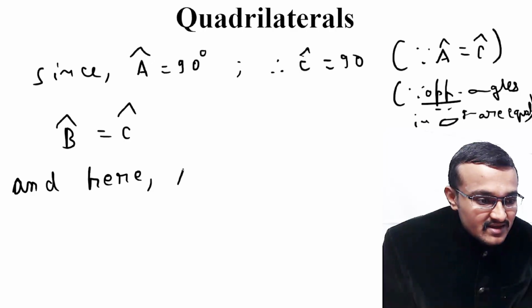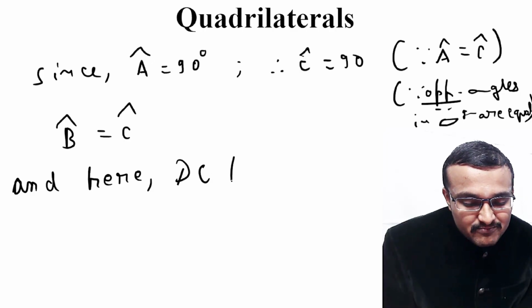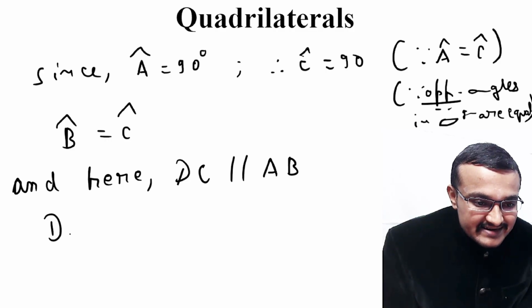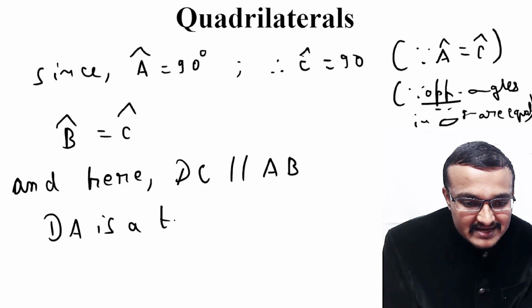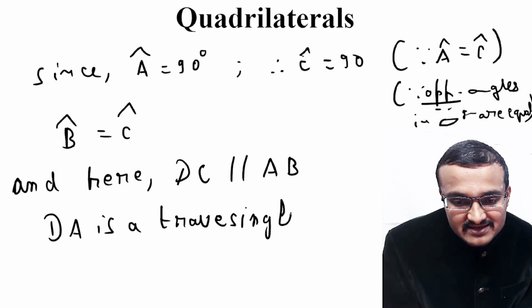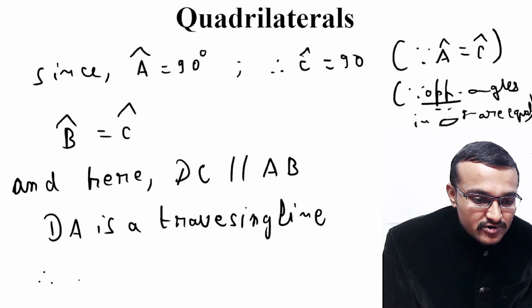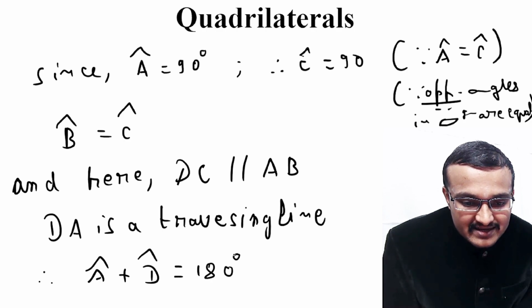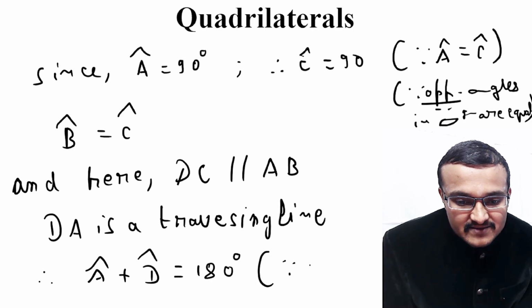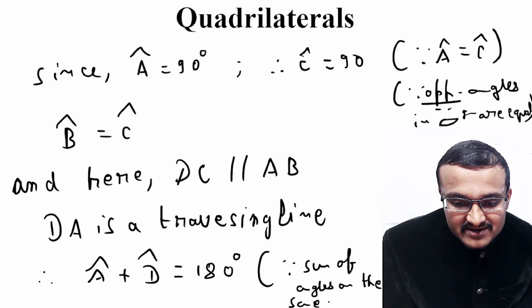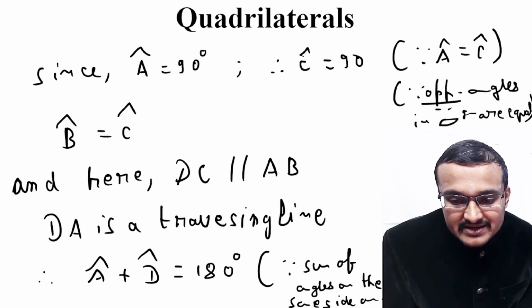Here DC is parallel to AB and DA is a transversal. Therefore, angle A plus angle D is equal to 180 degree. In bracket you can write, sum of angles on the same side of transversal.